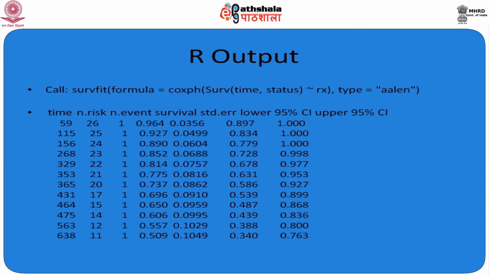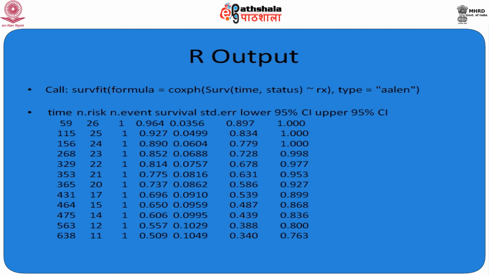You can see that at 59 days the patients at risk were 26, and in that period an event occurred, that is, death occurred for only one patient, and that's why the survival probability comes to 0.96, and the standard error corresponding to that survival probability is 0.03. We have a lower 95% confidence interval of 0.89 and an upper confidence interval of 1.00.